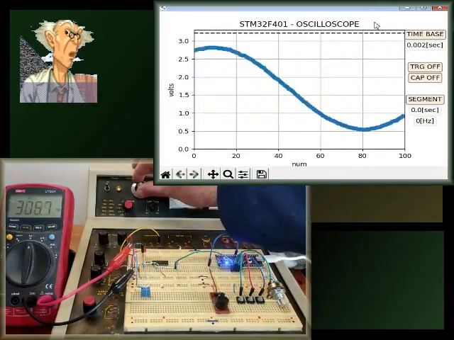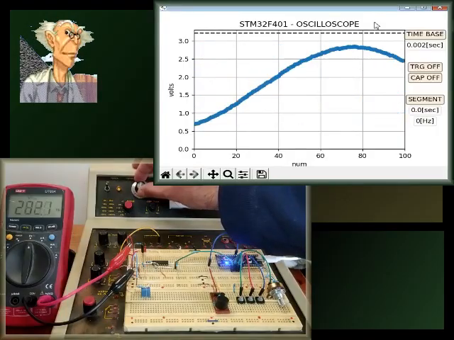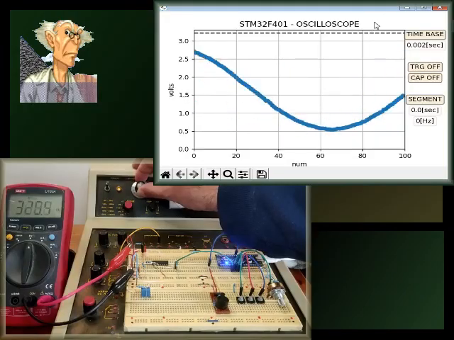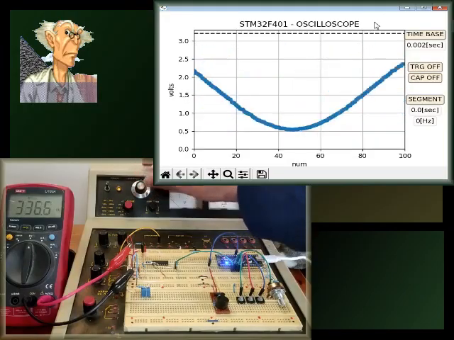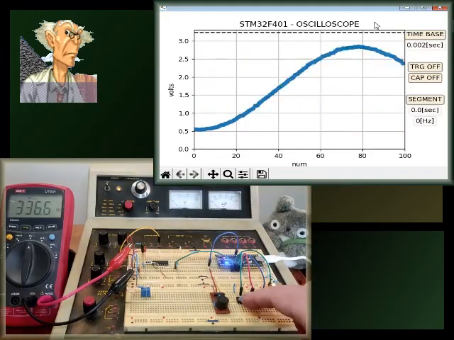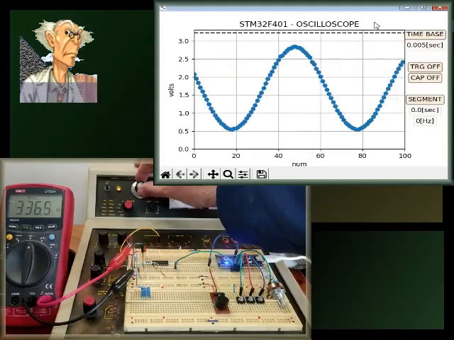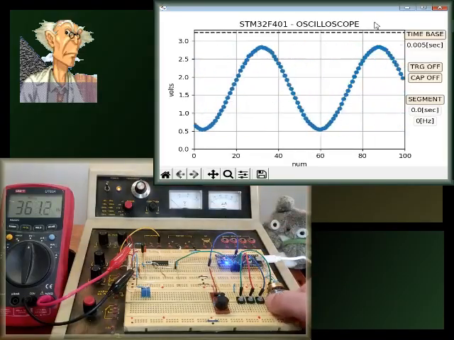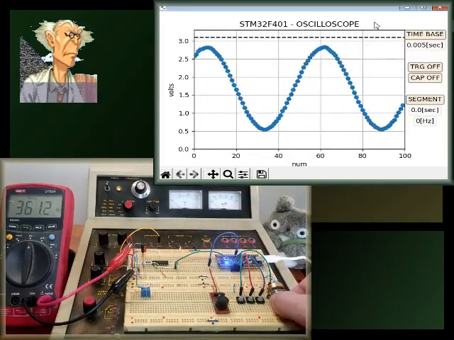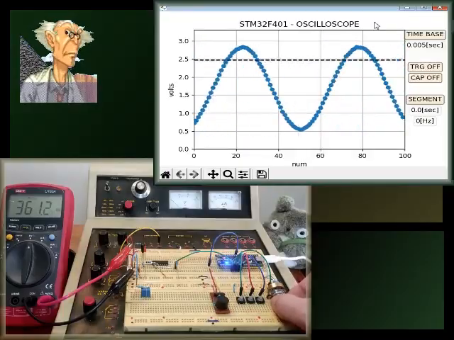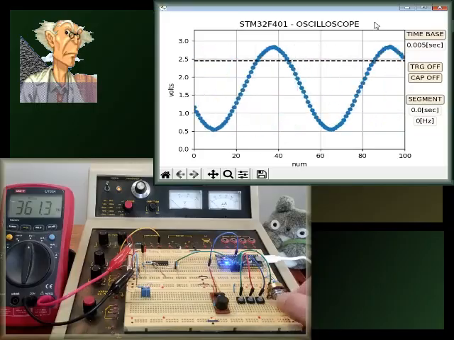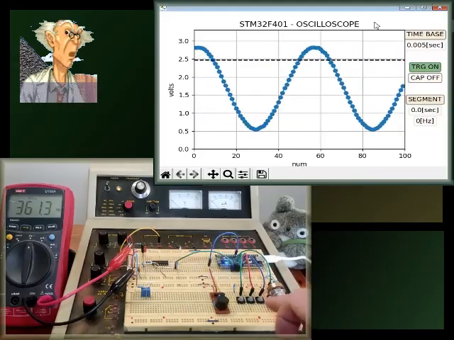Let's tweak the frequency a bit and adjust the timescale to improve the waveform display. Adjust the trigger level to catch the signal's peak. Now let's activate the trigger.